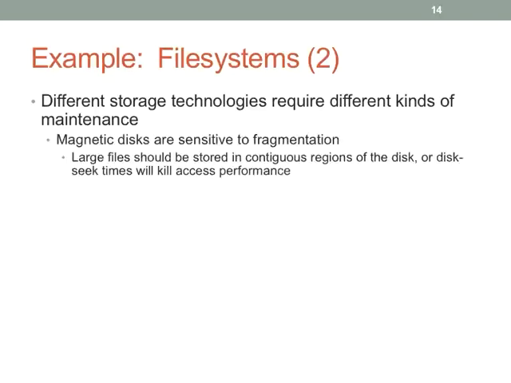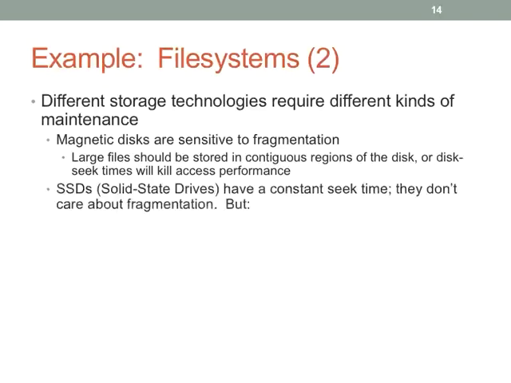So magnetic disks, why are they sensitive to fragmentation? Yeah, because slewing a giant disk arm over the surface of the platter is slow. It takes milliseconds, and every computer that I know of gets really bored when milliseconds of time go by before it can get data. So that's slow, so we need to worry about fragmentation issues.